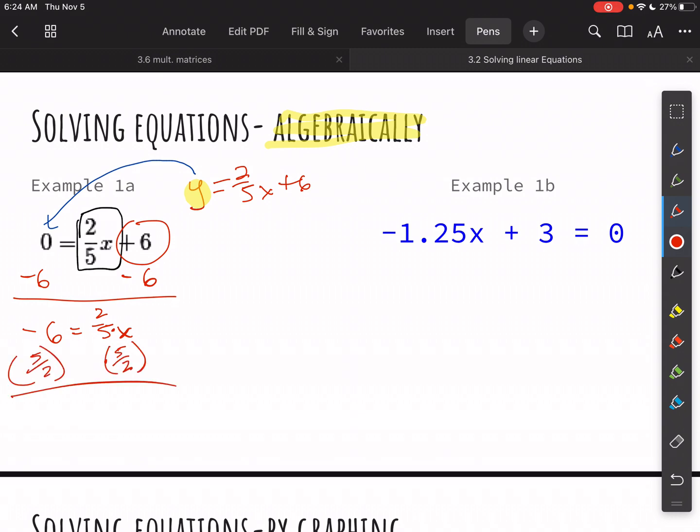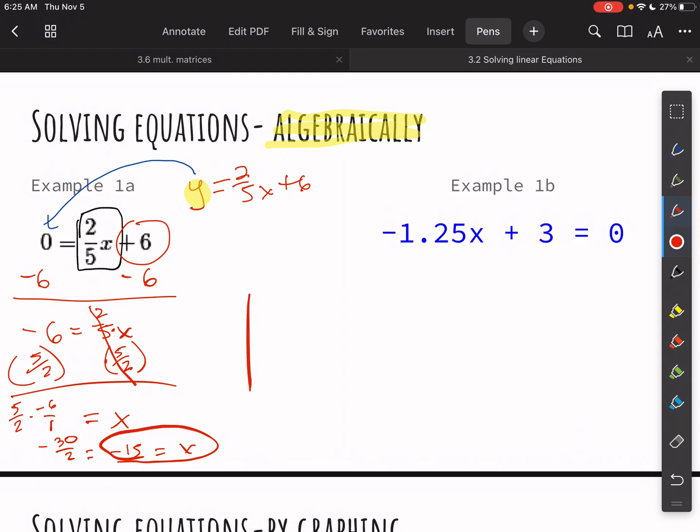Okay, I'm multiplying both sides. That makes this go away, which is my goal. And that makes this go to, well, 5/2 times -6/1 equals -30/2, which is equal to -15. So x is equal to -15. So to solve this algebraically, I found that x is equal to -15.